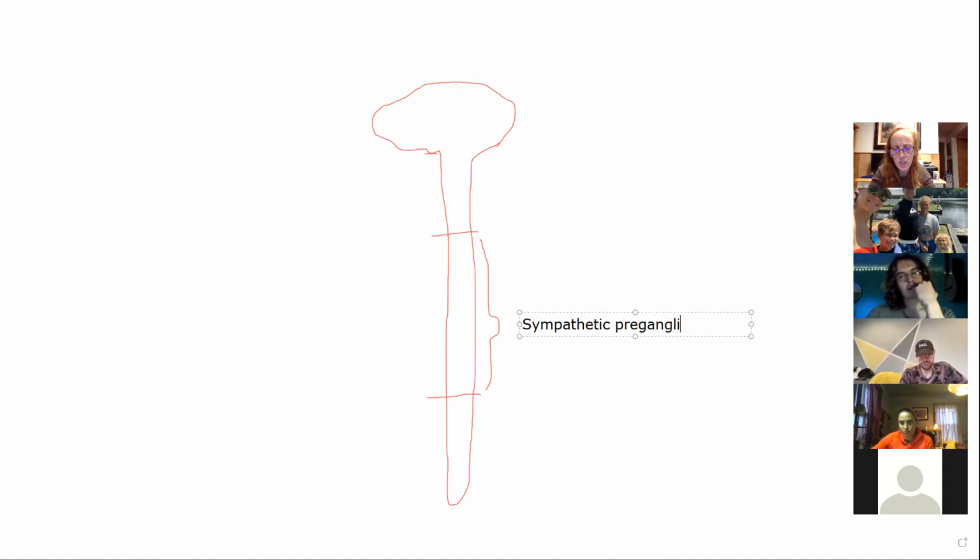I'm gonna try to make it easier to remember the arrangement here. So the sympathetic preganglionic neurons are arising from T1 to L2.